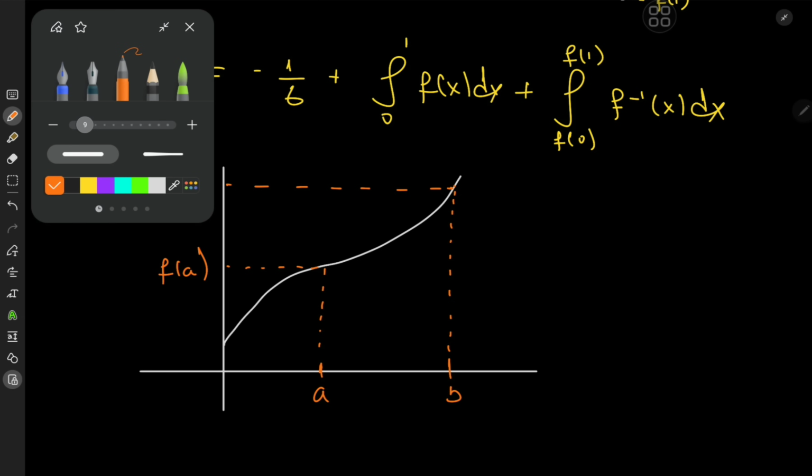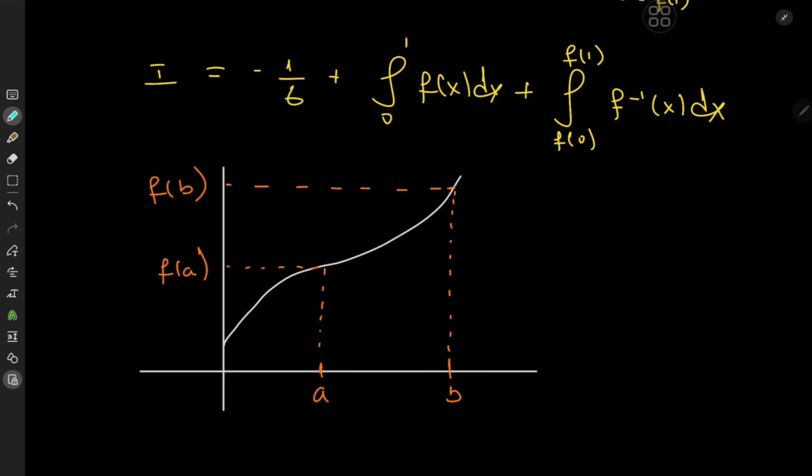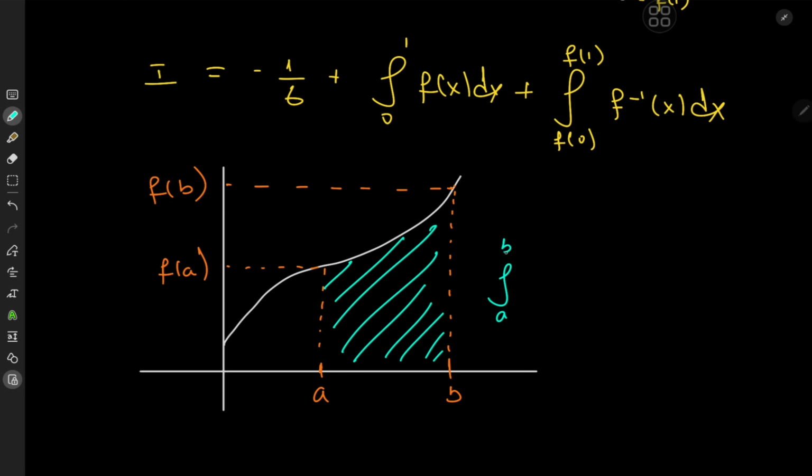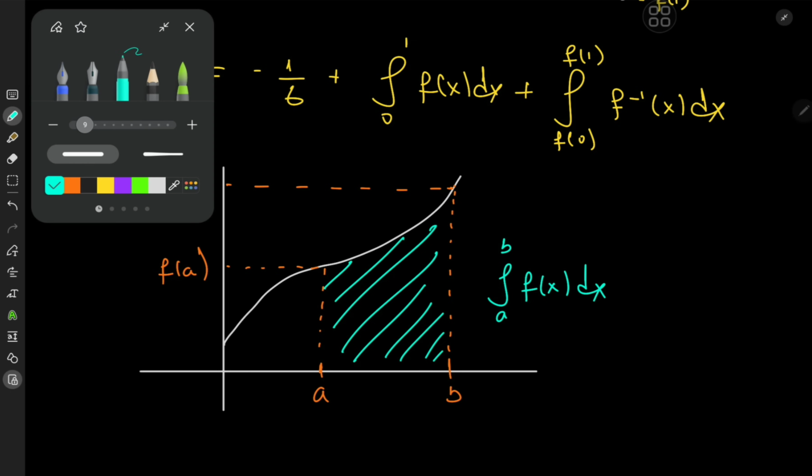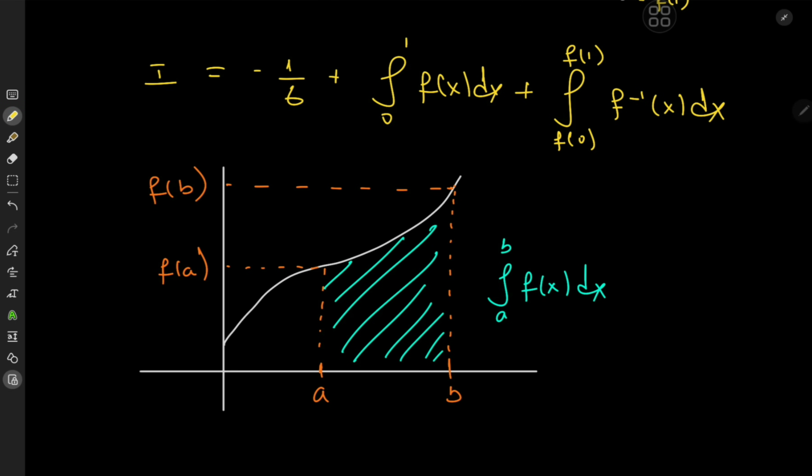Okay, cool. So this area over here is, of course, you guessed it, the integral from a to b of f of x dx. But what if you were to draw a separate diagram for the inverse function, or you could just look at this diagram we have over here as well? What about this area over here?